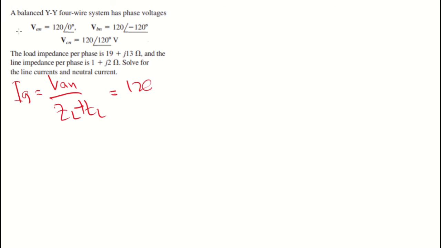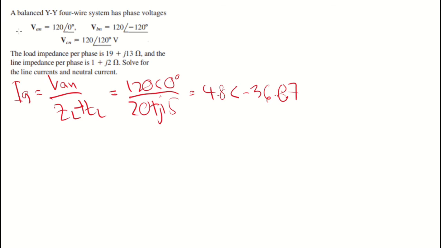VAN is 120 angular 0 degree divided by ZL. Because it's in series, just add it up. So 19 plus 1 is 20, 13 plus 3 is j16. So this you will get 4.8 angular minus 36.87 ampere.